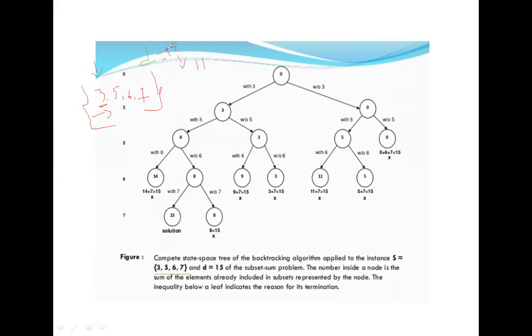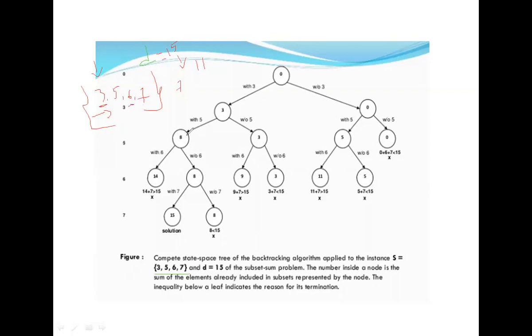So next 8. 15 minus 8, how much value is there? The total remaining value is 7. Then the next value is 6. So we are including this one, without including.